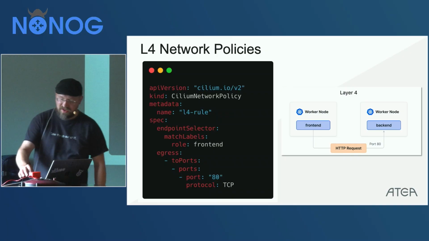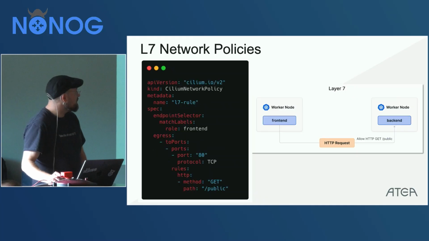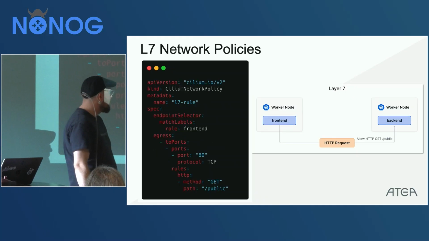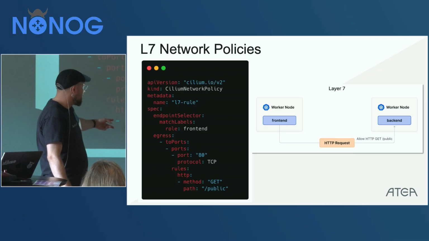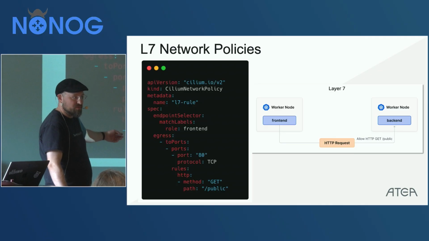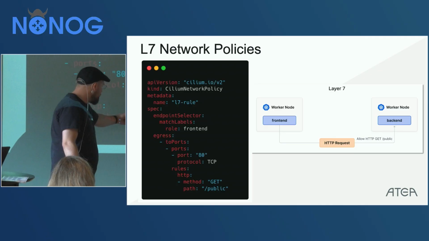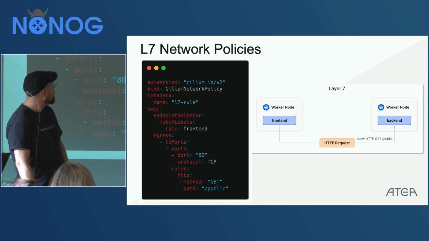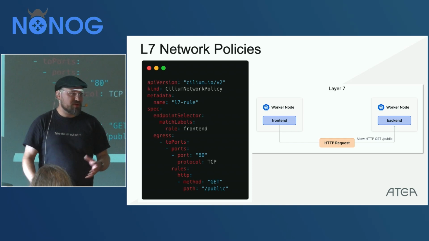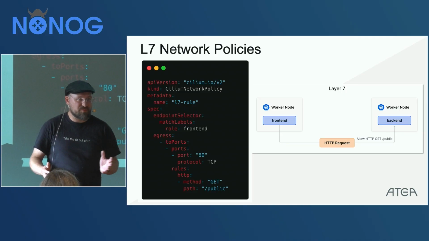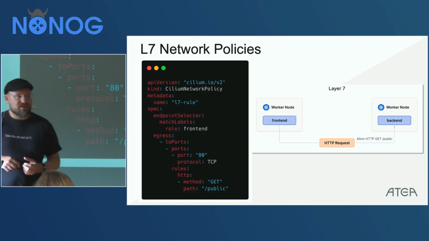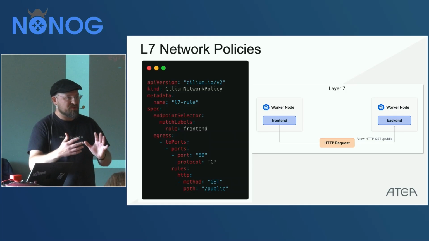Quite simple, it's YAML. And then you have the layer 7 rule, which is the beauty of it. You can suddenly say, okay, we are going to allow the GET for /public in this domain. So you can restrict on the same web server between different applications, down to the specific path.